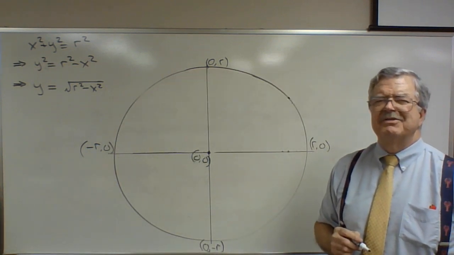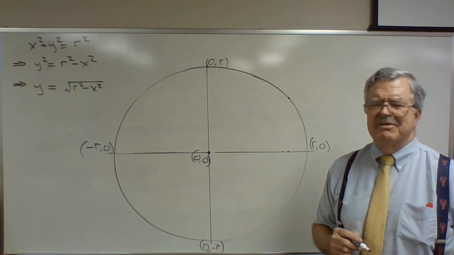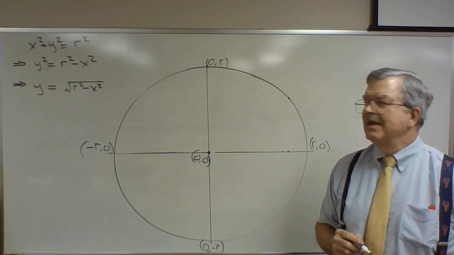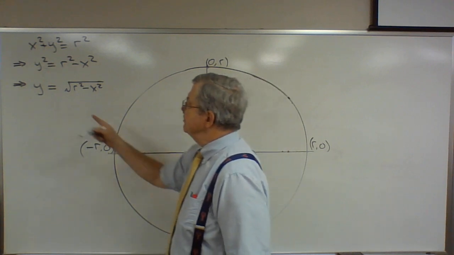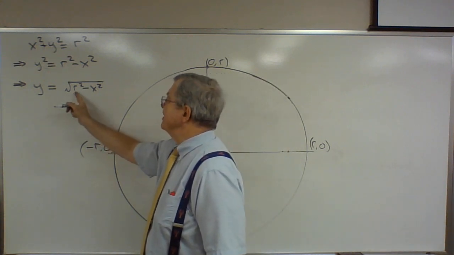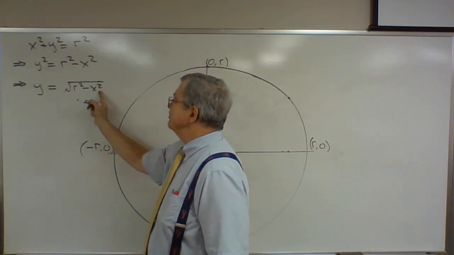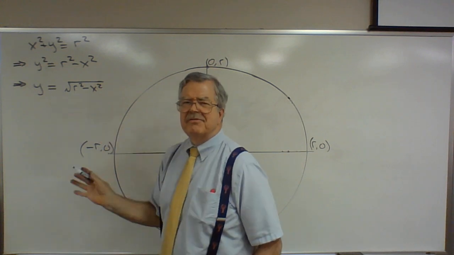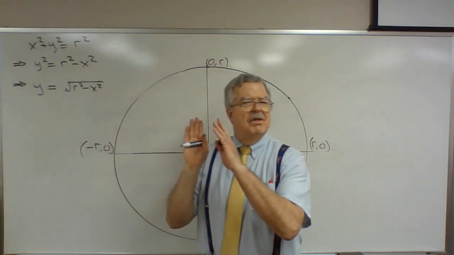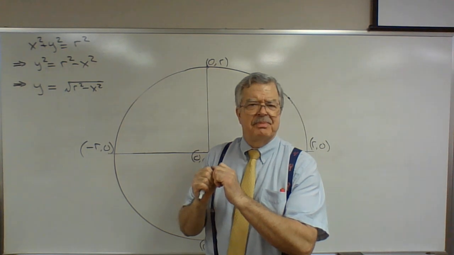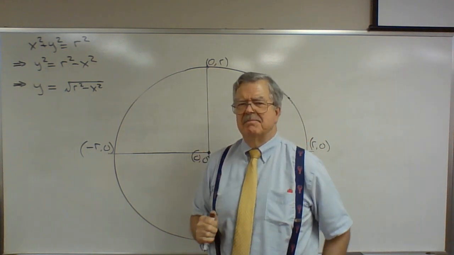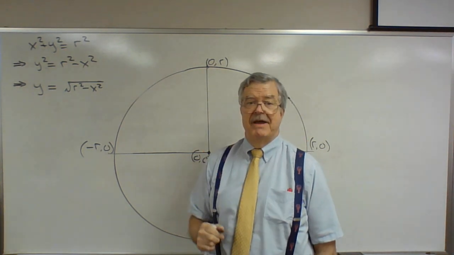Actually, what I've done is not quite correct. I have y equals the square root of r squared minus x squared. And this square root, it's a function. You plug one value in, you get one value out, the positive value.